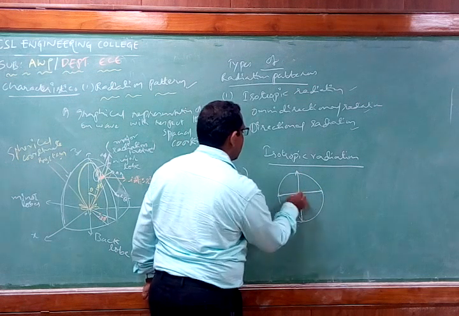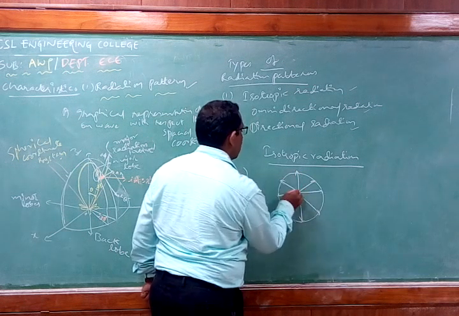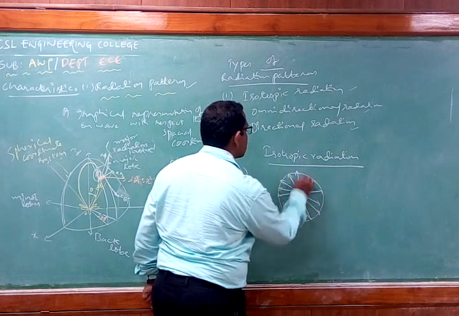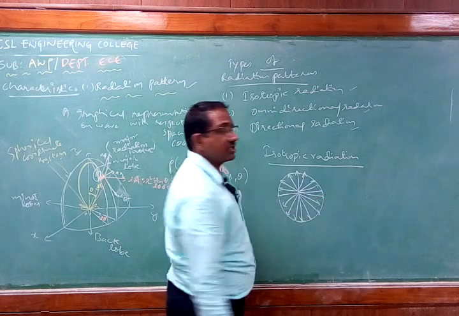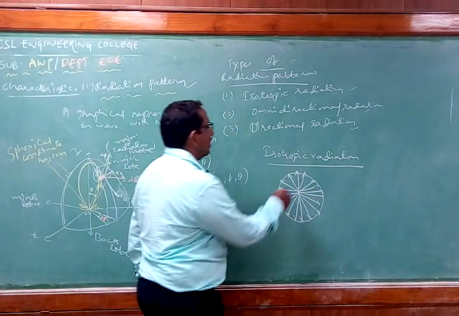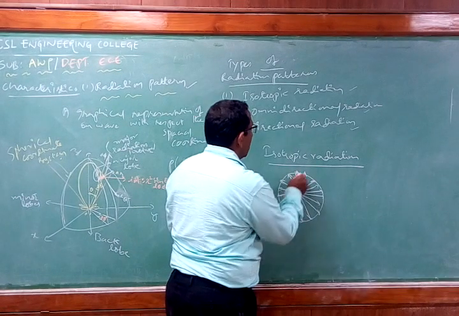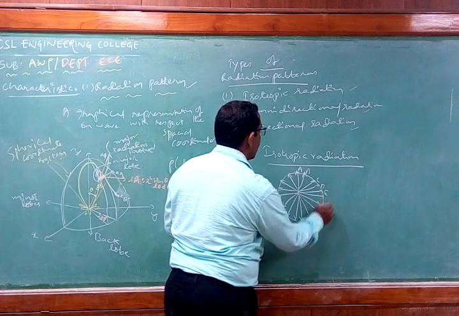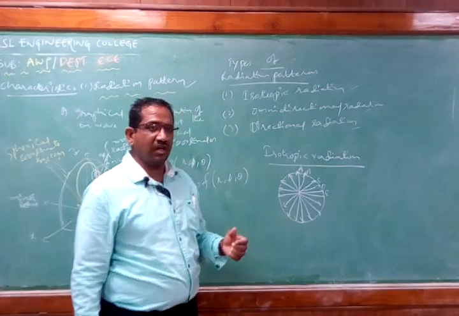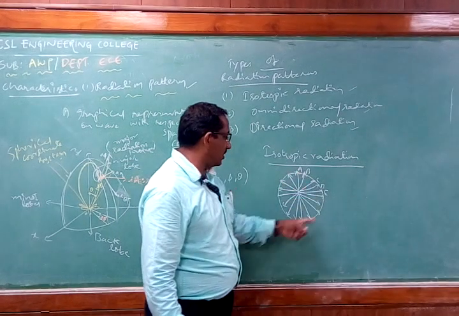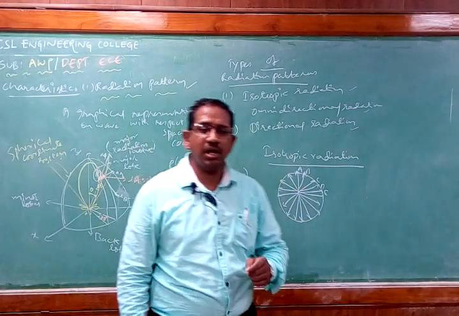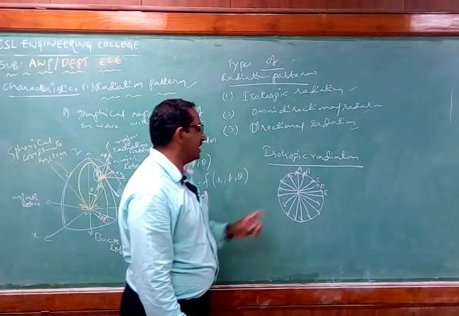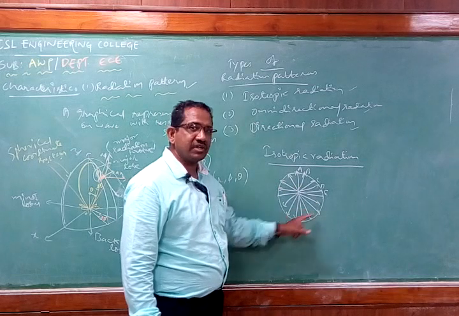Now if an antenna is radiating in all the directions equally, that means the strength of the signal at all these points, say for example A, B, C, D, E and so on, you will find the same amplitude, the same strength, at every point on this particular circle.